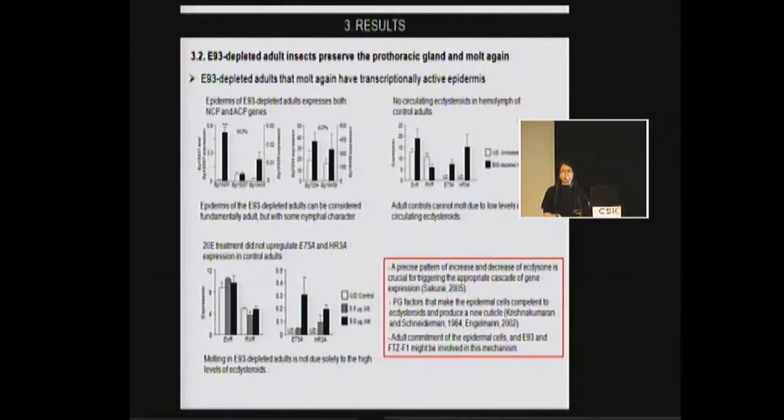Also, we think that the adult commitment of the epidermal cell in the insect should involve E93 or Fushi tarazu factor 1.